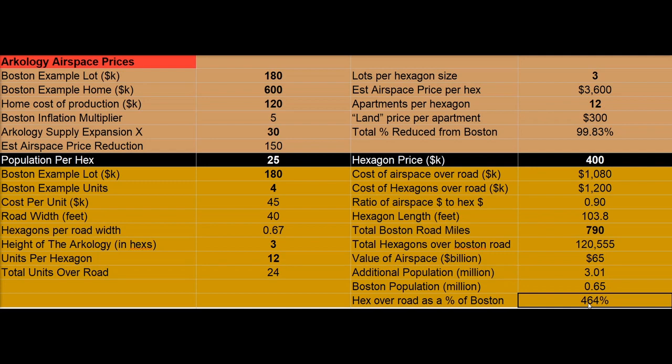Now, we do have one issue with this math. The hexagons going over the road would have roads themselves, but they wouldn't be a full road width. So let's say our units per hexagon goes down to about 8. Actually, that didn't change. So let's say this is like 16.